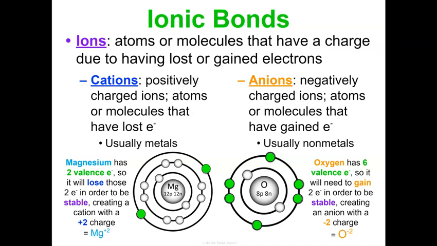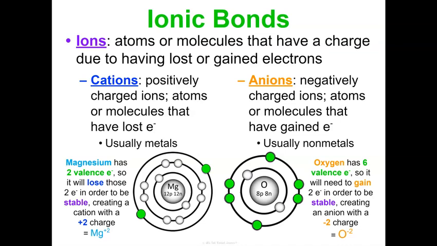So the example that they're giving you is magnesium, which has 2 valence electrons, which means magnesium is willing to give up its electrons in order to become stable.